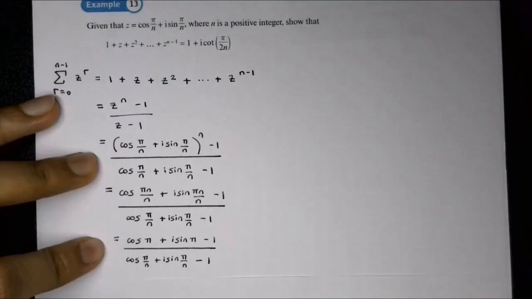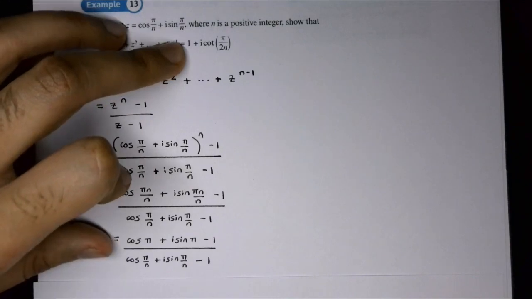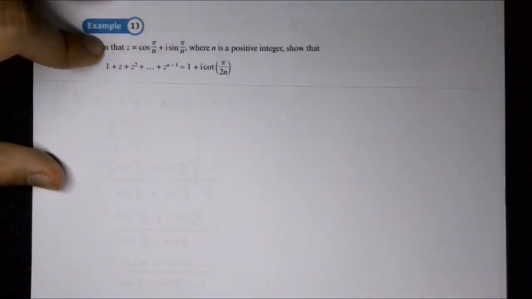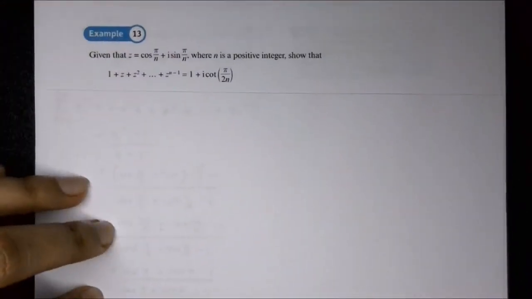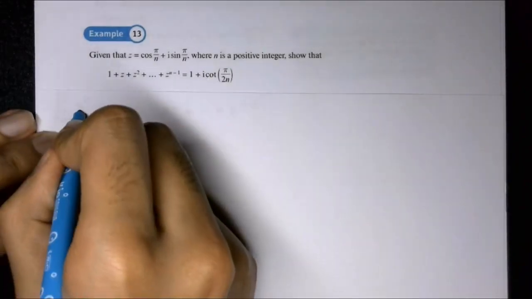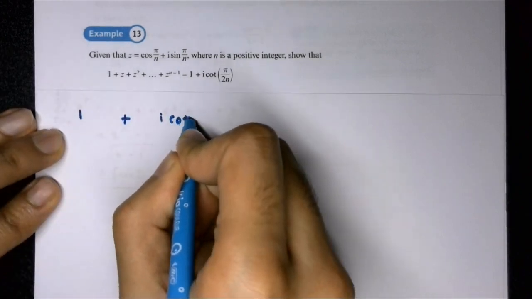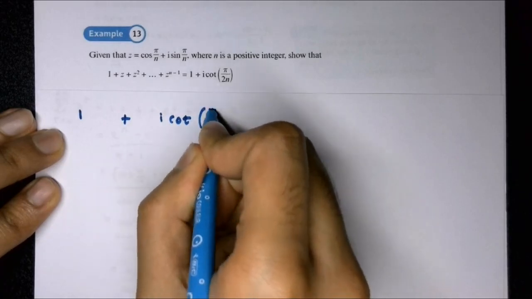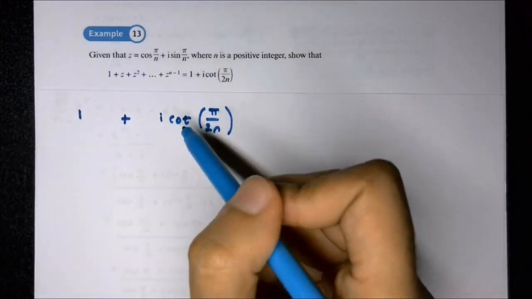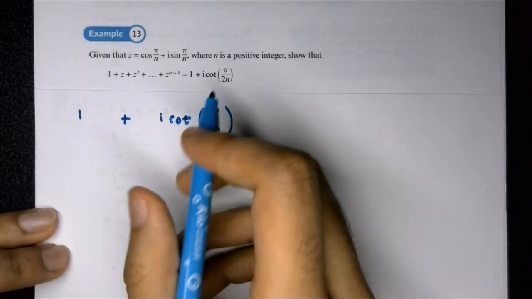Now, if we pay attention to what we want to show and what we have over here, I think it will help if we look at the right hand side and think to ourselves how we can get to this right hand side. So far we have 1 plus i cot of pi over 2n. Now, at this point I'll probably think to myself, cot is the same as cos over sine.